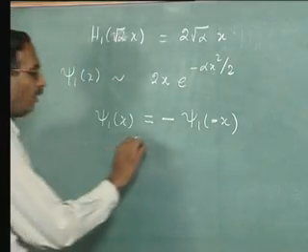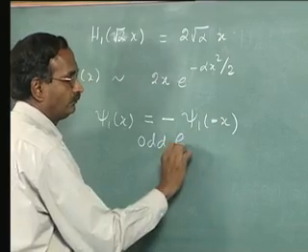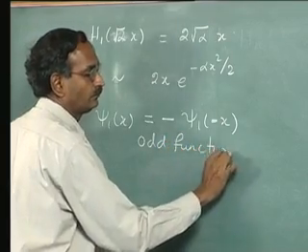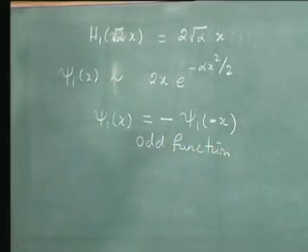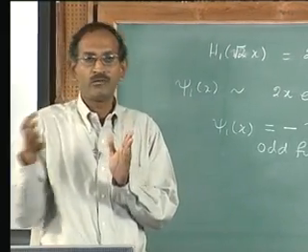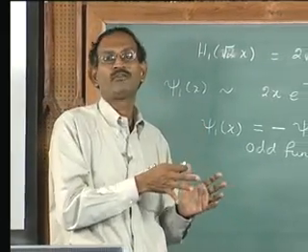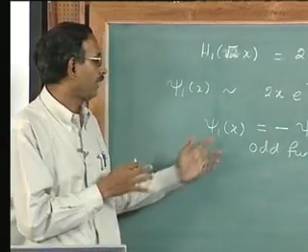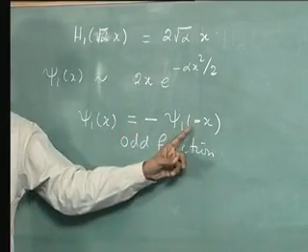This is an odd function. Therefore, with respect to x equal to 0, whatever is the way the graph is on the positive x, it will be the exact negative of that in the x less than 0 domain.